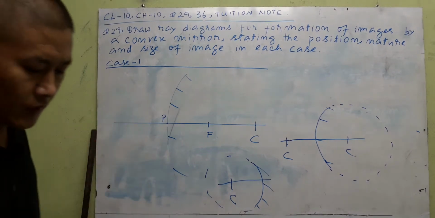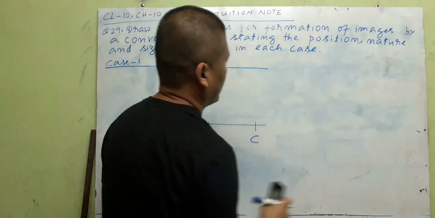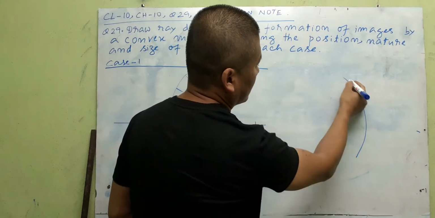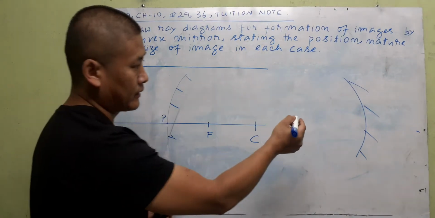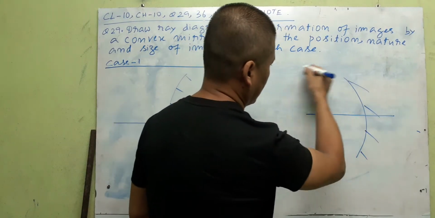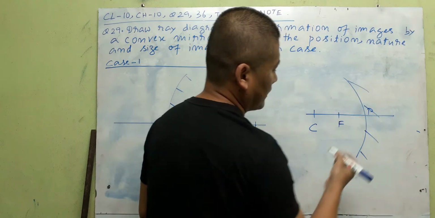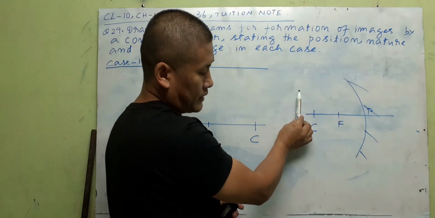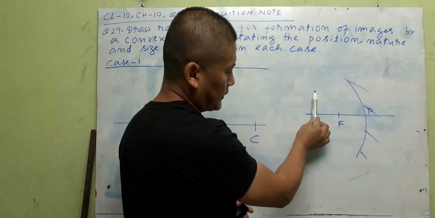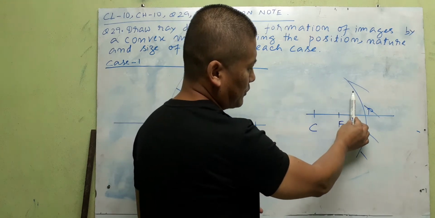Now, last time in the case of concave, it was like this, just like convex with the lines on the right side. But the ball is like this, so C was on this side, F was here, and P. So we could place the object at infinity (1), beyond C (2), at C (3), between C and F (4), at F (5), and between P and F (6).